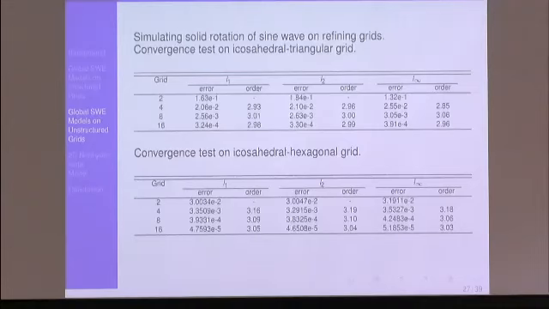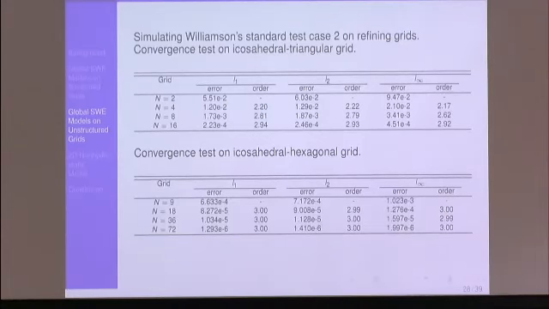The top one is for triangular grid, and the bottom one is for hexagonal grid. You can see third order accuracy has been achieved as expected. And for shallow water equations, we still use the Williamson standard test case 2 on refining grid. It's third order accuracy we have obtained.